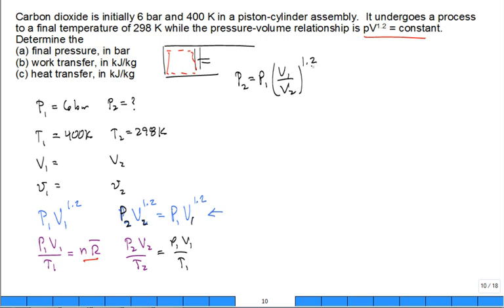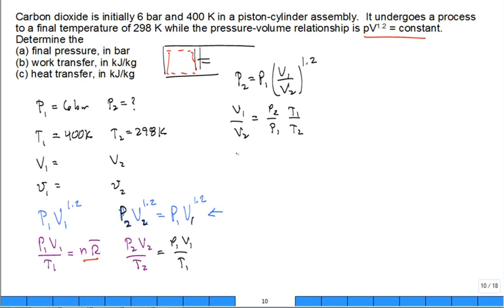All right? So now, how about I take this ideal gas equation and I say V1 divided by V2 is equal to P2 over P1, that looks good, and then I'll have T1 divided by T2. Did I do that one correctly? Yes?